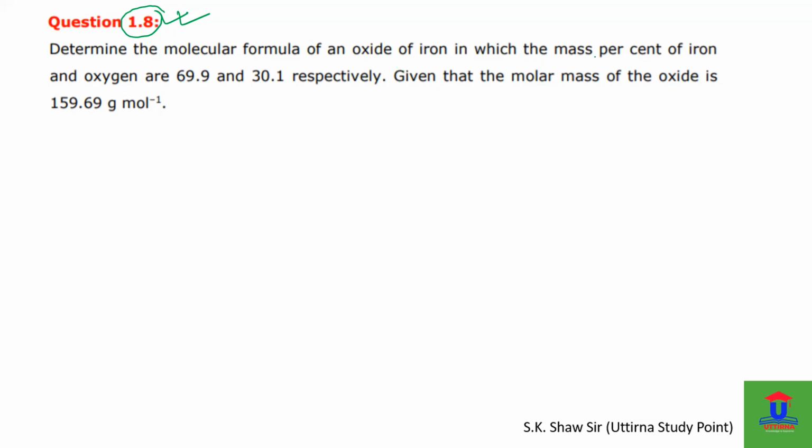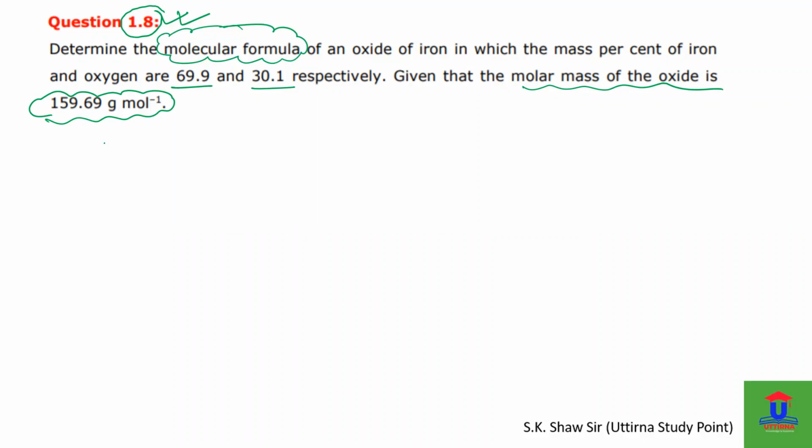The oxide of iron has the same mass percentages as the previous question, and they added that the given molecular mass is equal to this much. Molecular mass is given, so you have to calculate the molecular formula also. In the last question it was all about the empirical formula. Now find out the molecular formula. Go ahead, solve.